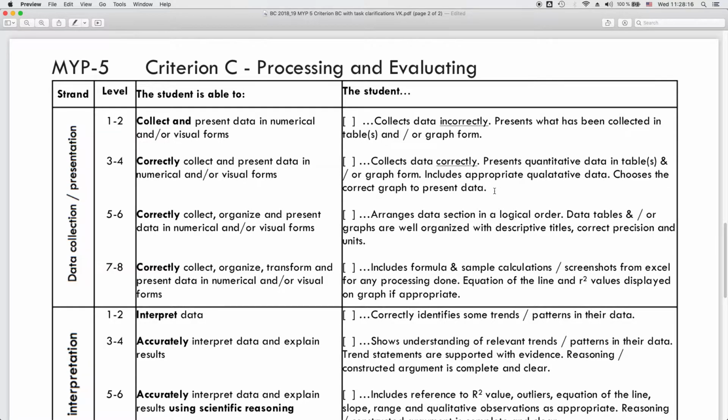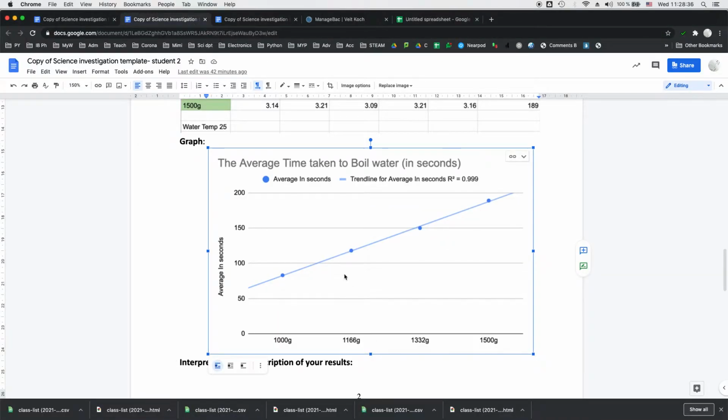I would say this gives something like a 3 to 4, because the units are not always in the headers correctly, and therefore you could argue that it's not arranged in a logical order. It could be a bit more logical. So easy to improve on.